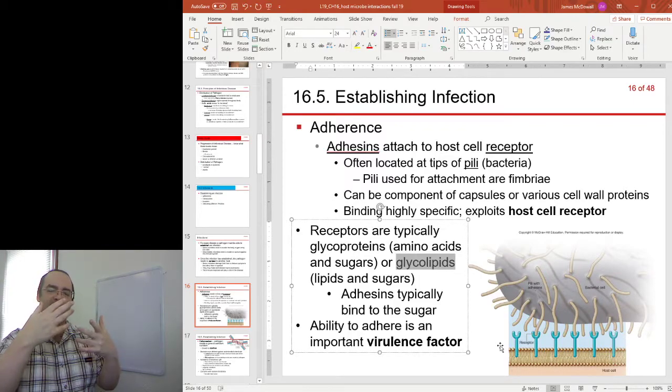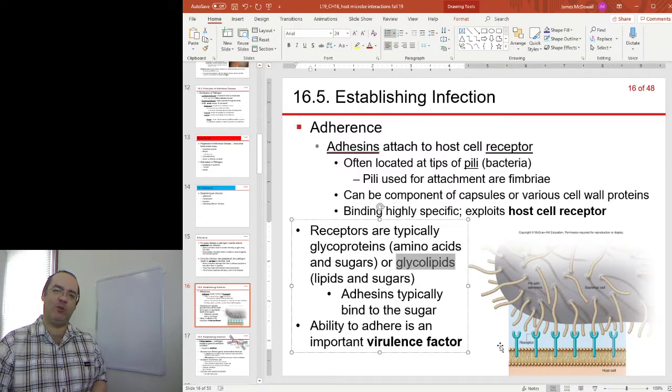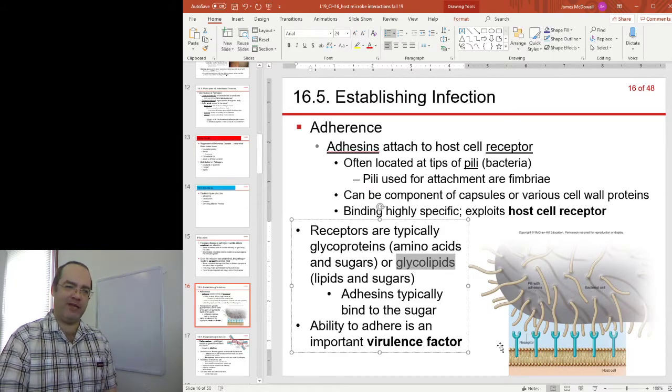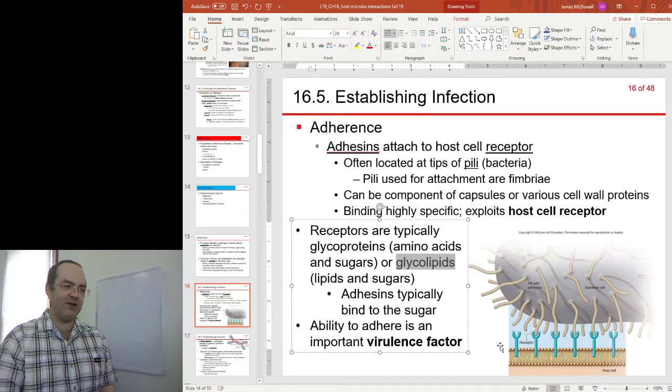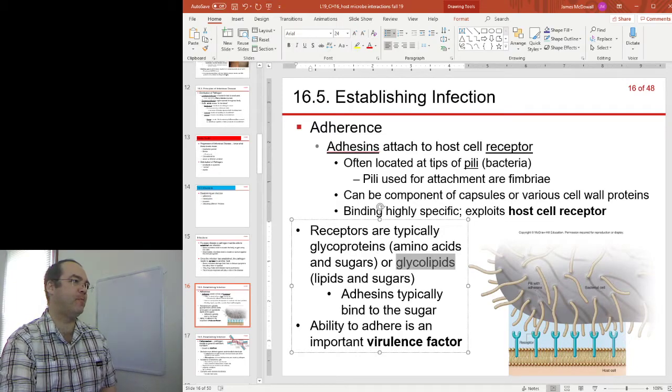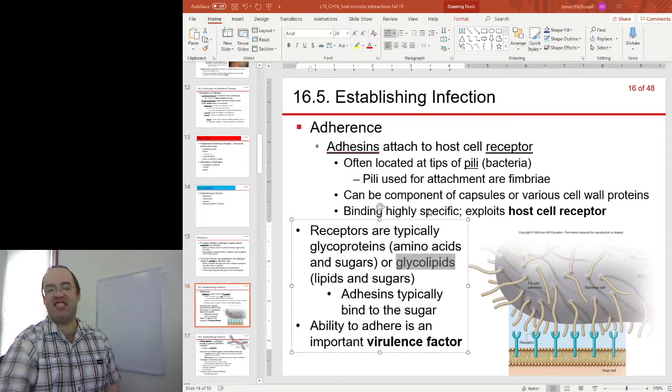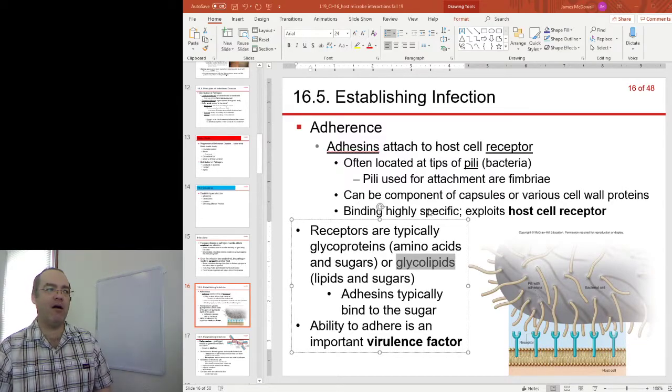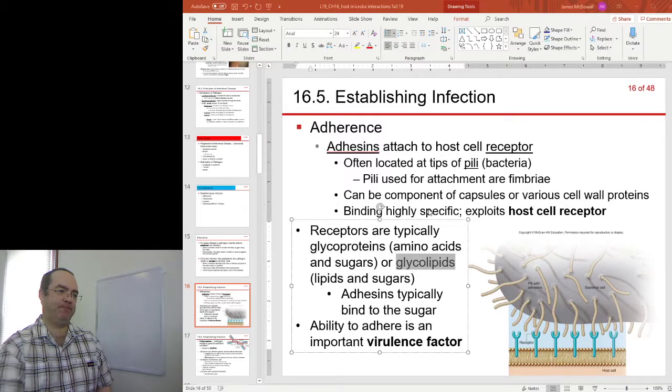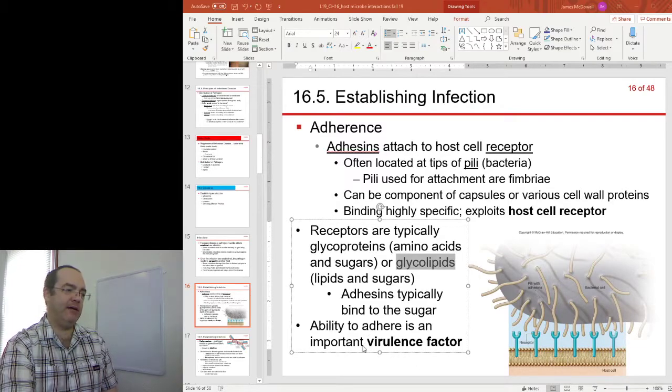If a respiratory bacteria were to get into your digestive tract, unlikely then it would be able to stick because the cells of the digestive tract would not have the right receptors, and vice versa. So there's a high level of specificity in the binding of bacteria to host cell receptors. The ability to adhere is an important virulence factor.